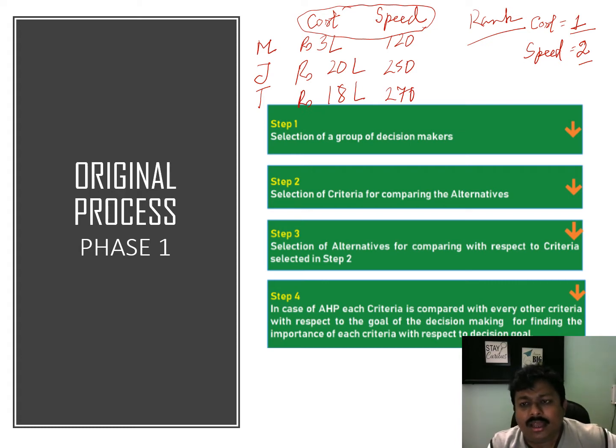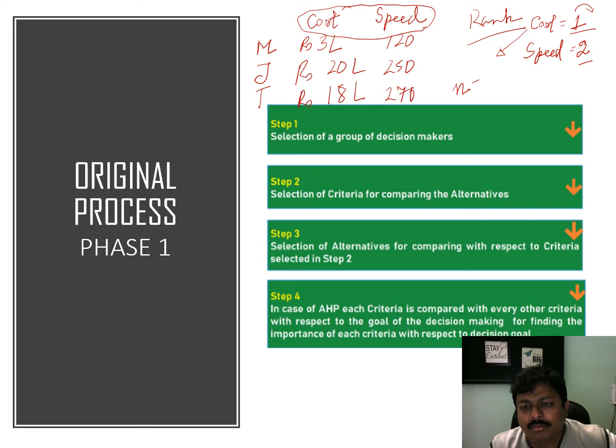That is why we try to find the complement of this rank. How to find it? If there are n criteria, or alternatives, in case of alternatives also we use the same formula.